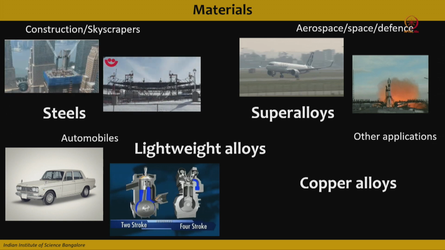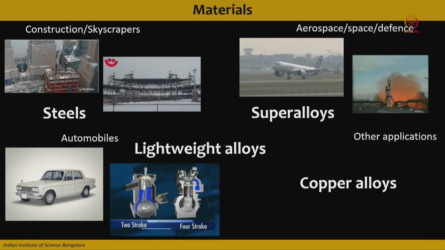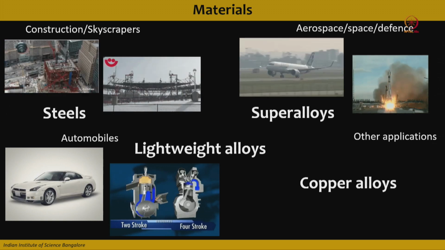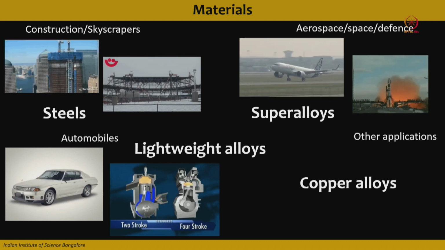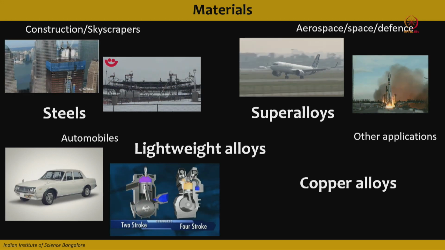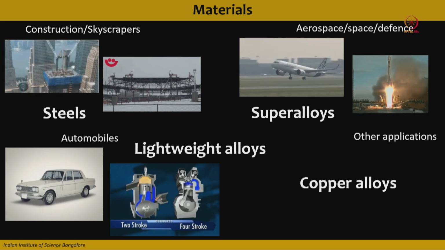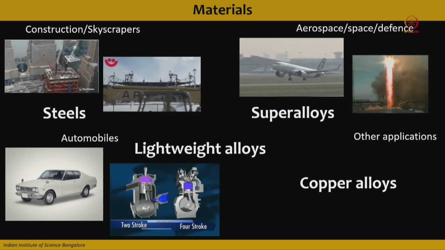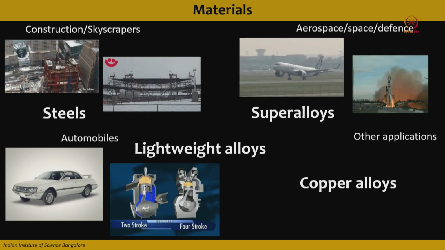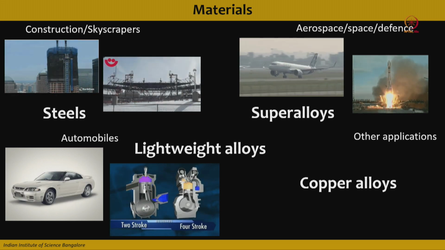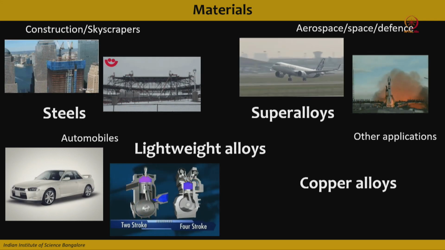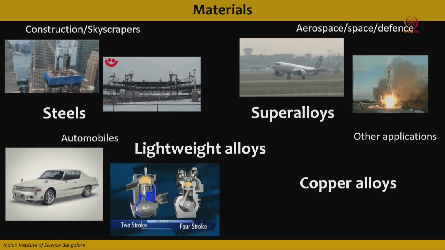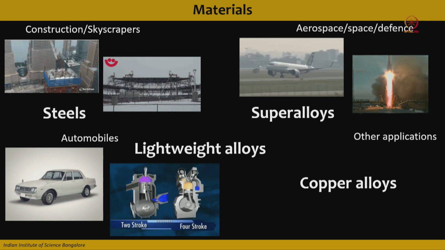As we know, we are surrounded by several materials, and our daily life always depends upon them. For example, in construction and skyscrapers, we use a large amount of steels, also high strength steels, so that they can sustain the loads for a longer time.